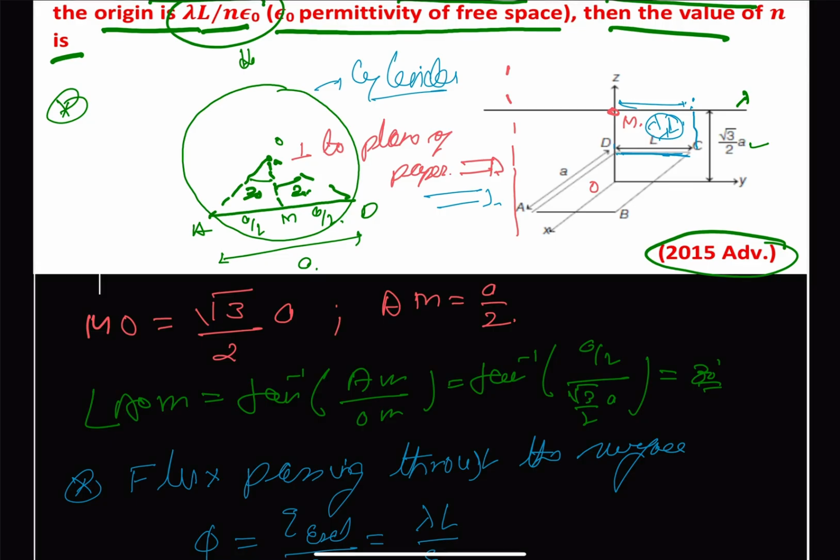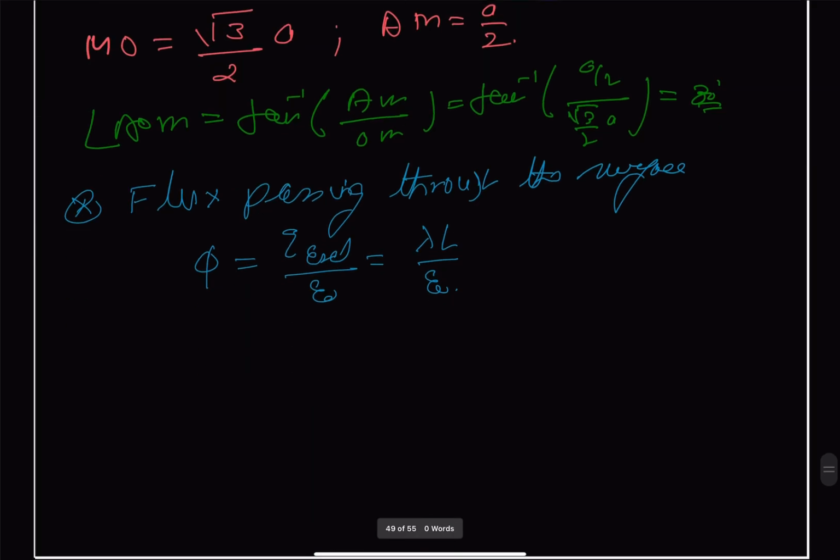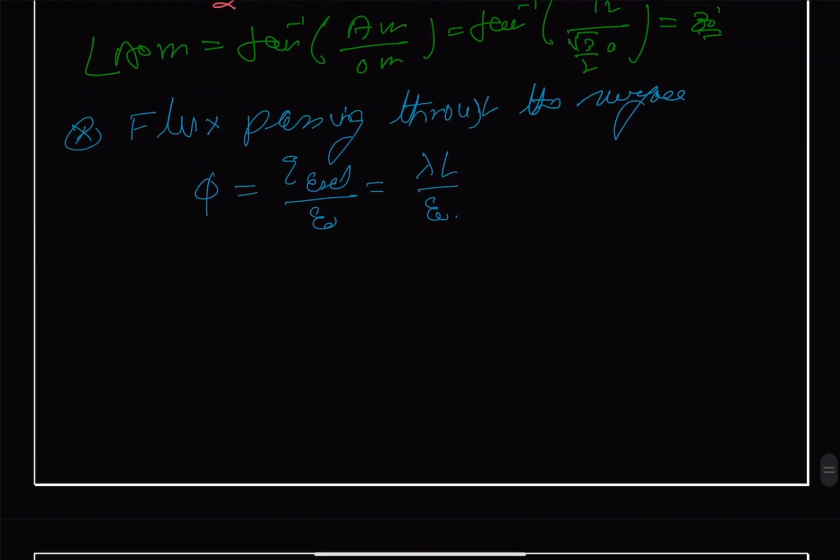One second, this is not O, but this point is O, and the point somewhere here will be our M. So if we look from our left side, this cylinder will come out something like this, with respect to AB and AD. The flux passing through the surface, and here surface means the whole cylinder, but we are only interested in the flux passing through the plane ABCD.